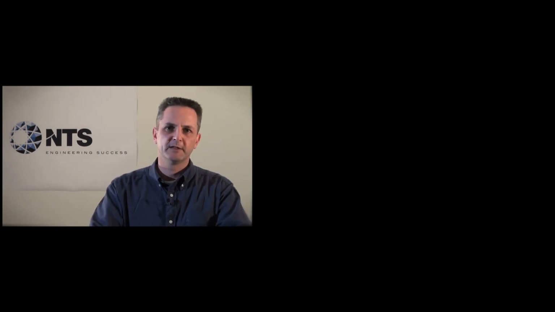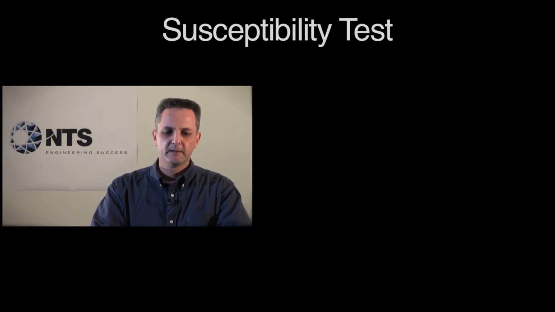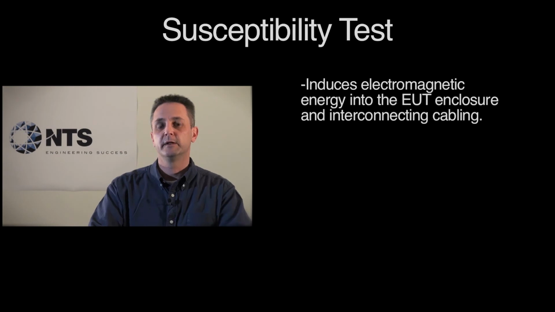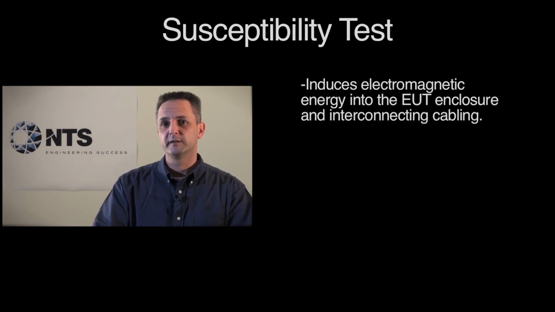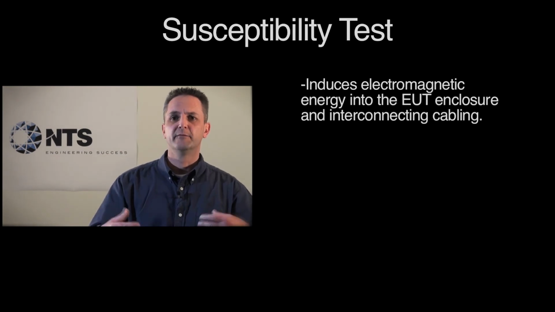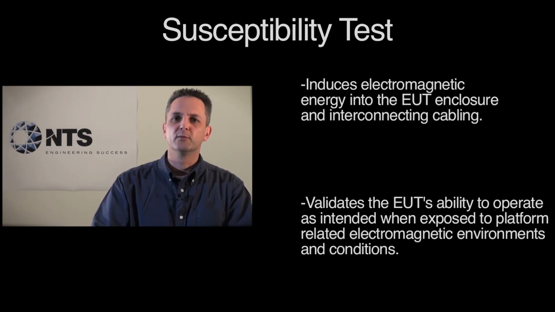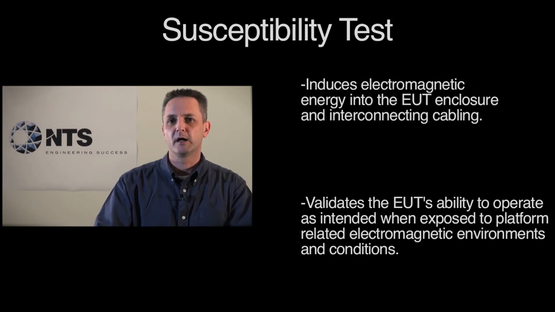The second type of test is a susceptibility test. This is where we induce electromagnetic energy onto the equipment, either enclosure or interconnecting cabling, to validate that the equipment will not become degraded in its performance during an event or an application of fields that could be seen in the electromagnetic environment of its installation platform.